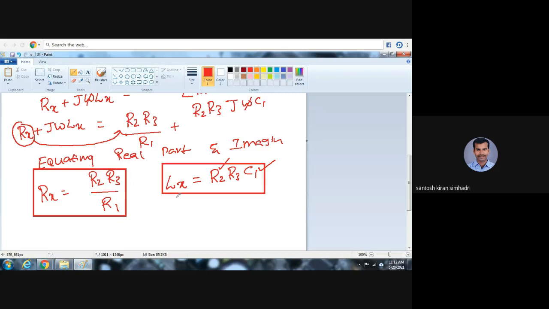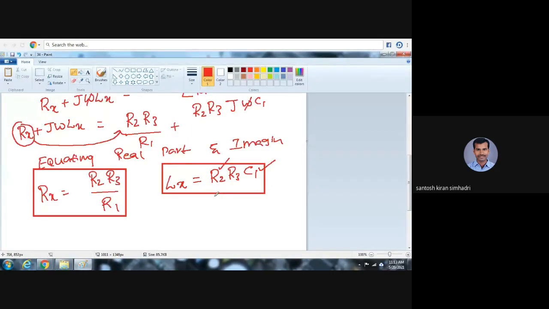Finally, we find this inductance value. Is it clear for you? Okay, then I will go with the next discussion. So finally, Rx equal to R2 into R3 by R1, and Lx, the unknown inductance with known capacitance value, is Lx equal to R2 into R3 into C1.